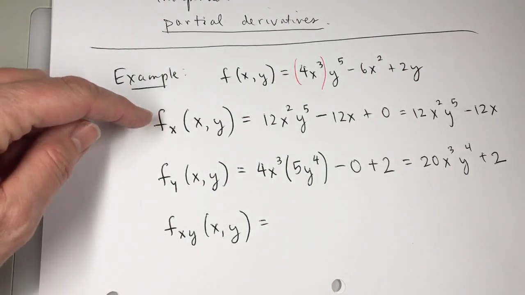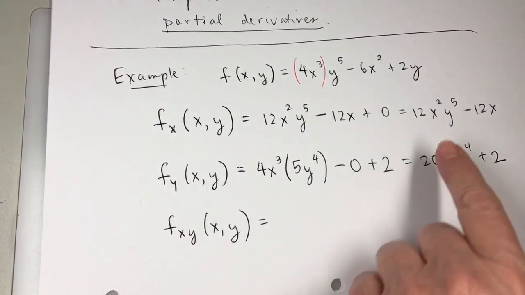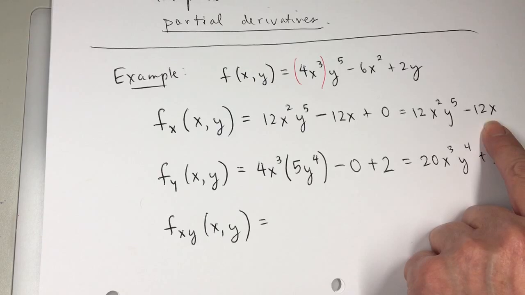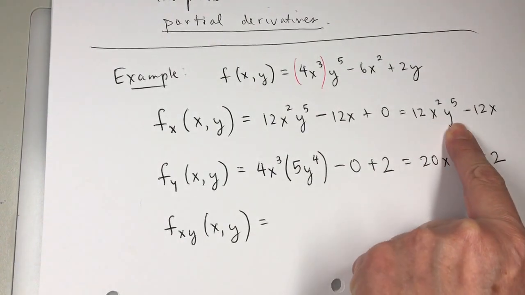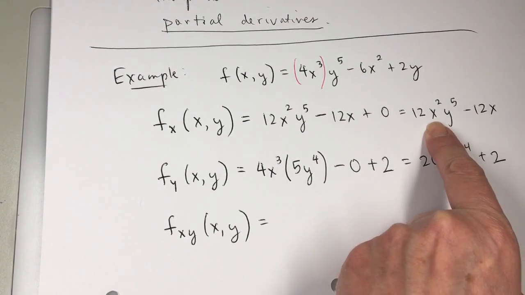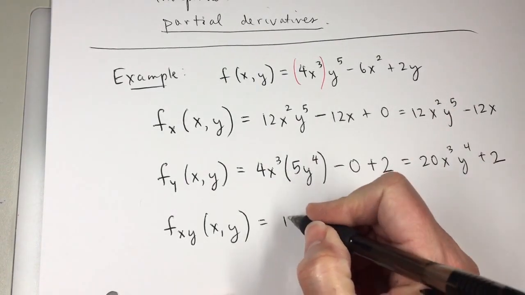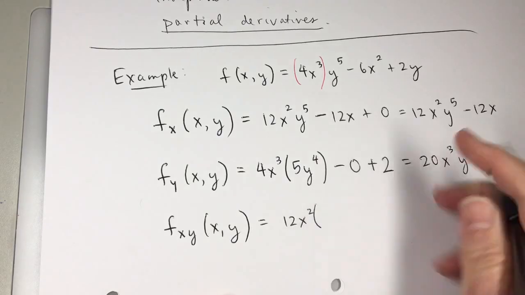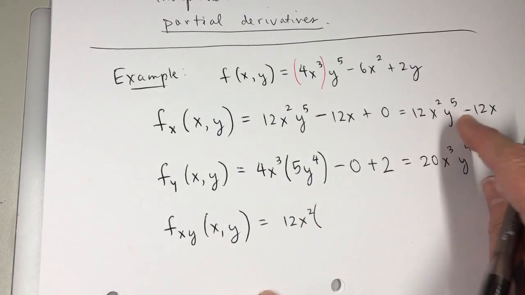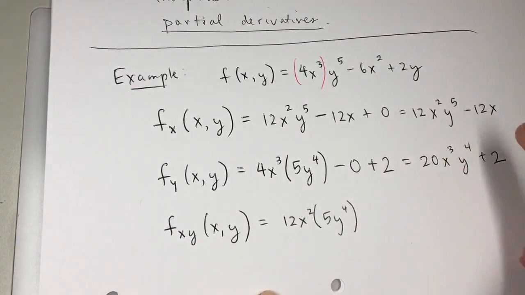I'm going to take my first partial derivative, this answer, and now do the derivative of this with respect to y. So I have 12x squared y to the 5th. This time x is a constant. So 12x squared, then times the derivative of y to the 5th. That's going to be 5y to the 4th.